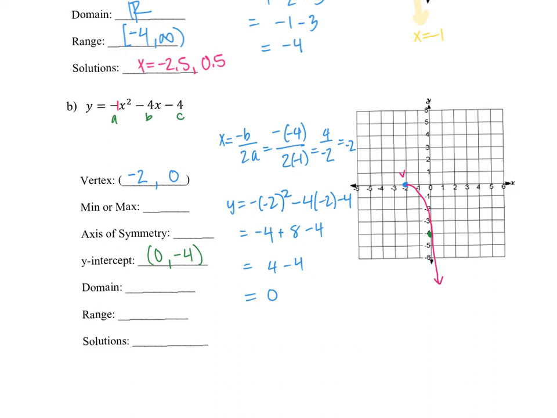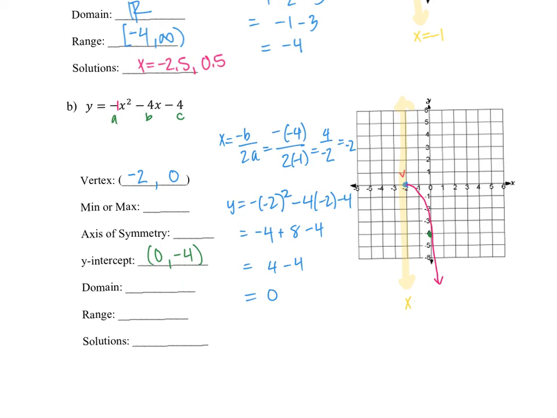So we can kind of see that our axis of symmetry, or how many units it's away from this y-intercept from the vertex, is about 2 units away. So this point is about 2 units away from the vertex. What I can do is use the y-intercept to reflect across the axis of symmetry to make my third point.